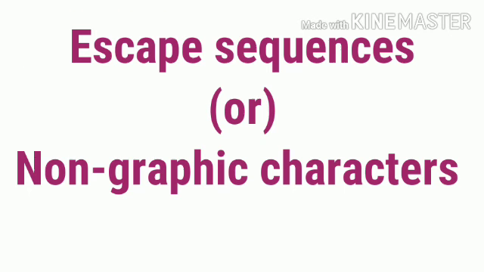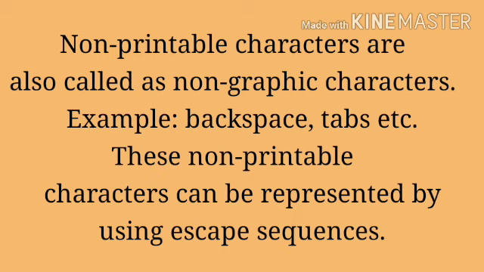The next concept is escape sequence, or non-graphic characters. C++ allows non-printable characters to be represented as character constants. These are called non-graphic characters. Non-printable characters are also called non-graphic characters.